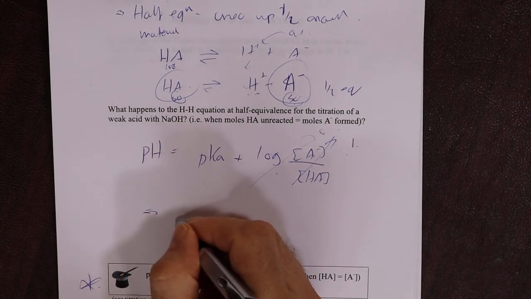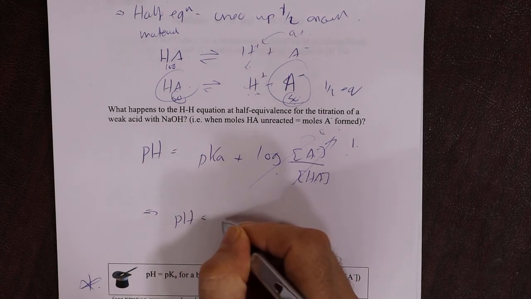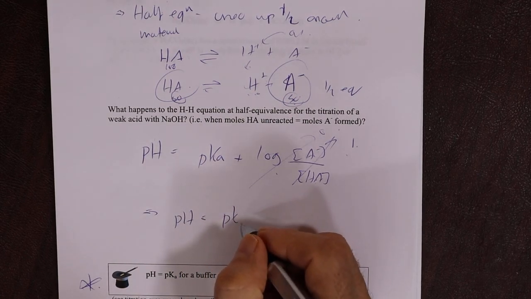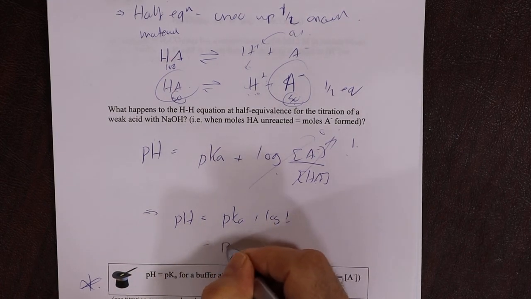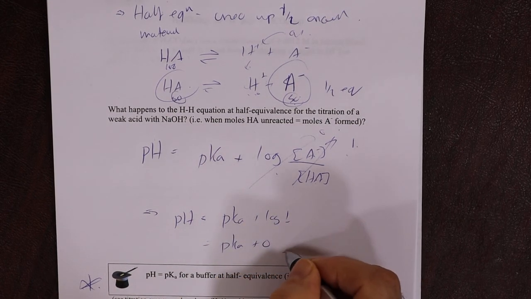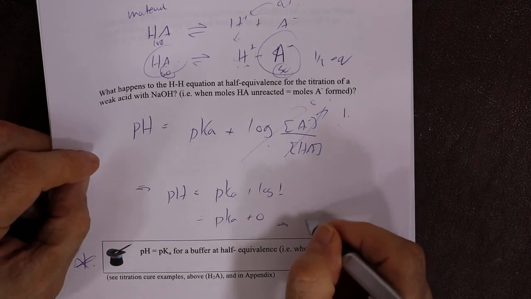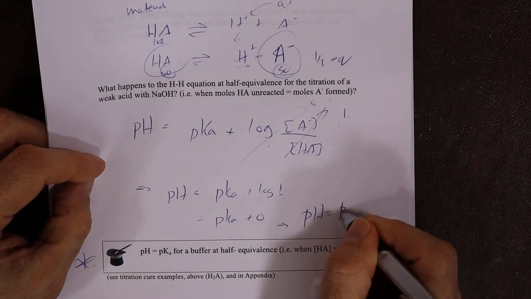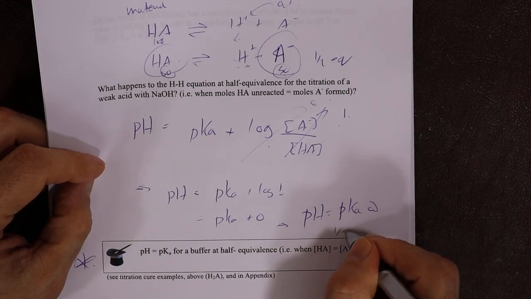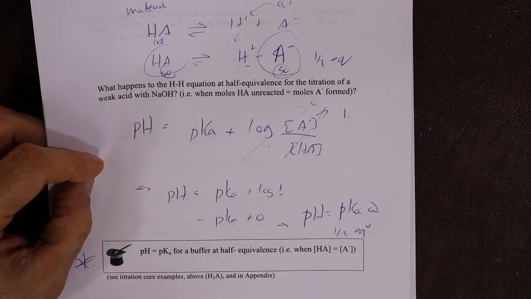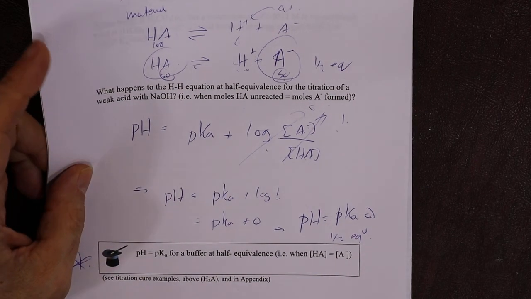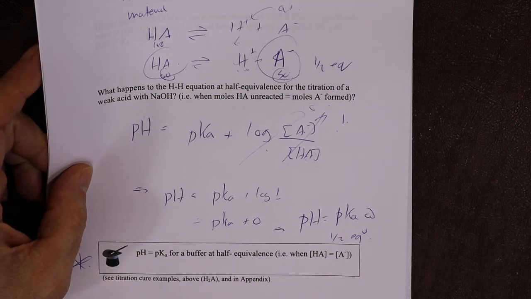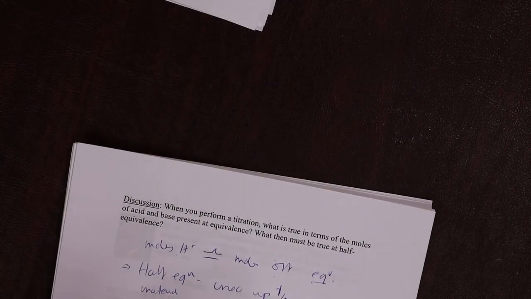Therefore pH equals pKa plus log 1, which equals pKa plus 0, therefore pH equals pKa at half equivalence. So halfway along that buffer region is when you've added half the amount to get rid of all the material, so pH equals pKa, if you remember that slide from before. That's a little bit more detail on that.